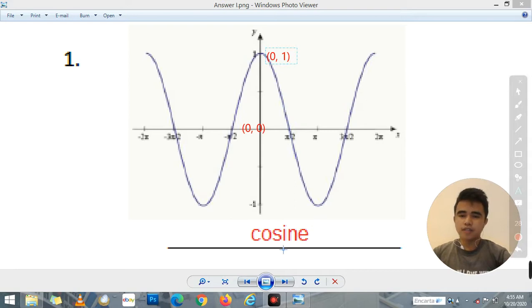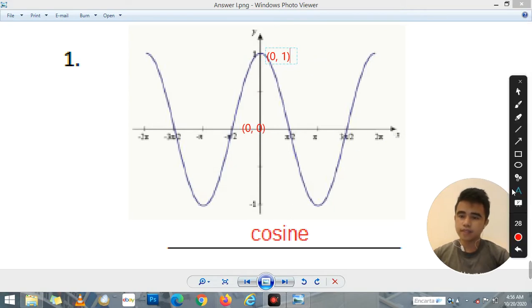And if we consider the cosine function, cosine 0, if we check using the trigonometric circle or by using your calculator, is equal to 1.